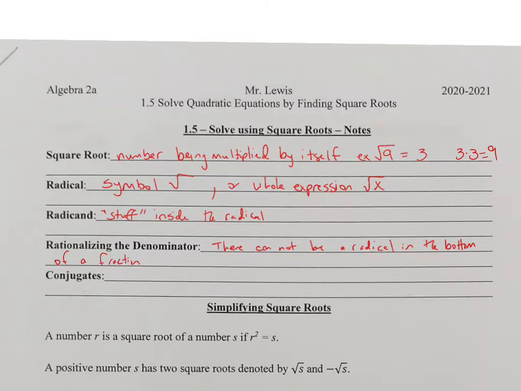Now we're going to use the word called conjugates. Alright, now conjugates are pairs of expressions, usually, or I can't think of a case, but they are radical expressions, so they have square roots involved some way or another.